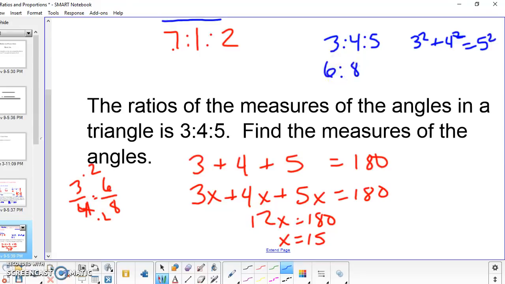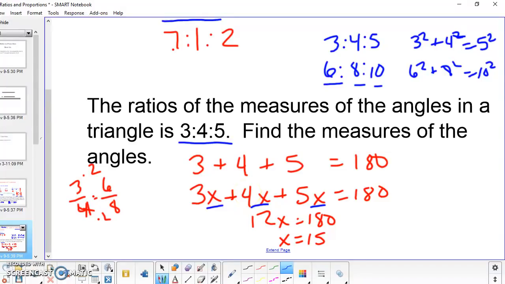So you'd get a 6 to 8 to 10, which is also a Pythagorean triple because the relationship between the three sides is the same. So if you worked it out, 6 squared plus 8 squared would equal 10 squared. And you could multiply the 3, the 4, and the 5 by any number you wanted as long as it was the same number. That's what we're doing when we put this x here. The 3, 4, 5 ratio we were given is multiplied by some x, and we can solve for that x.